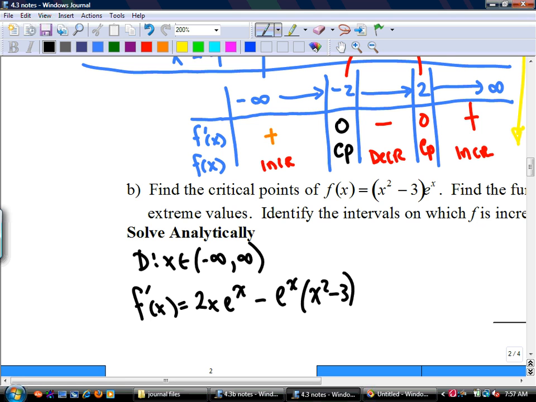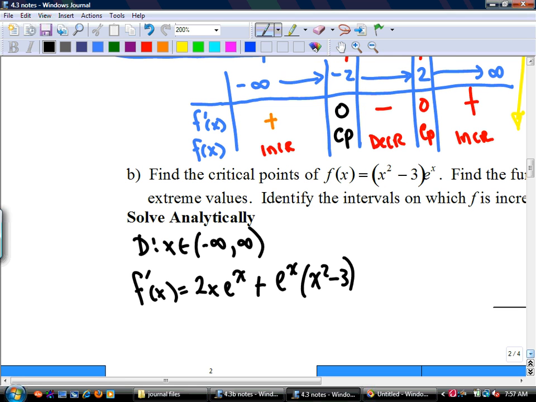Product rule. Derivative of the first times the second plus the derivative of the second times the first. Plus. It's the new product rule. It's version 3.0. Decided to change it last night. Sorry, I didn't tell everybody. Do what? Make it equal to 0.